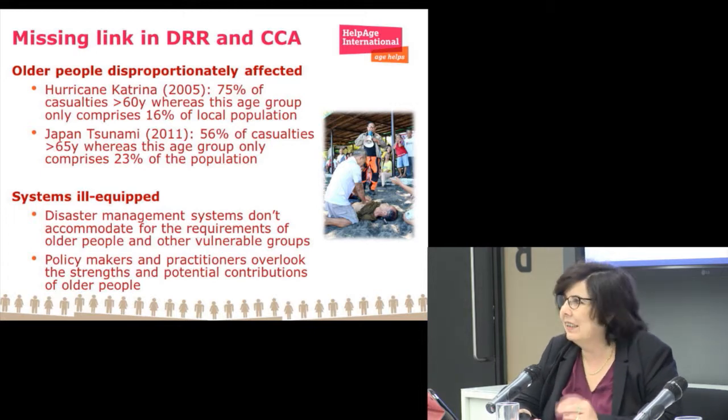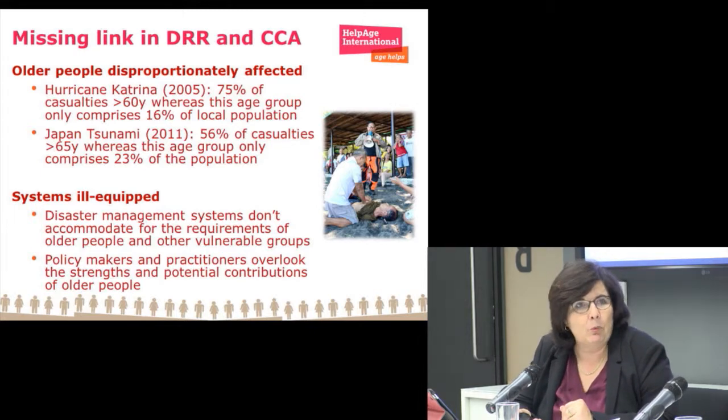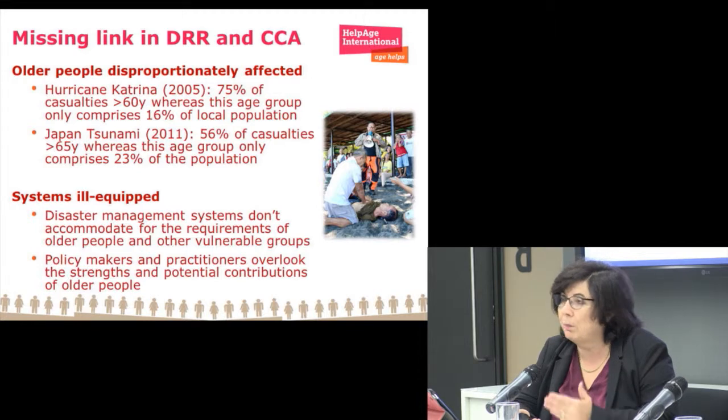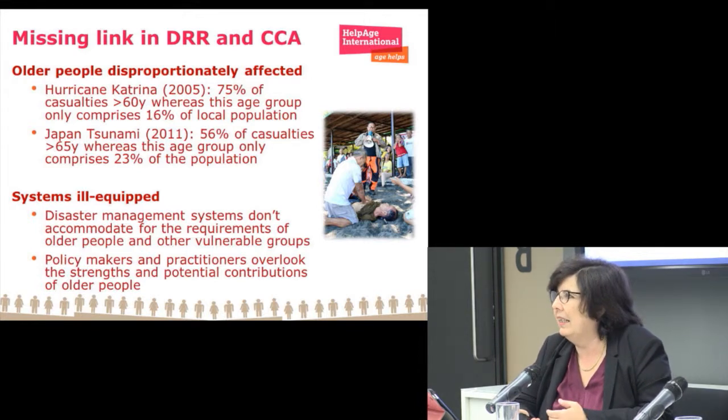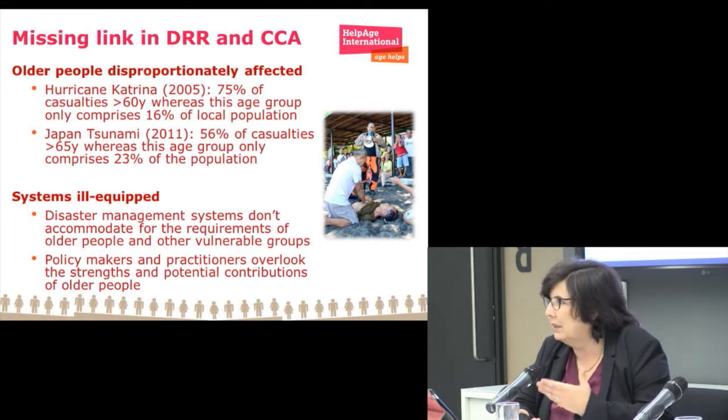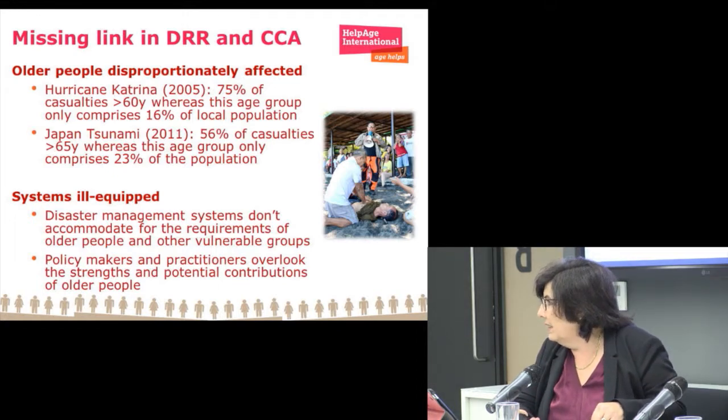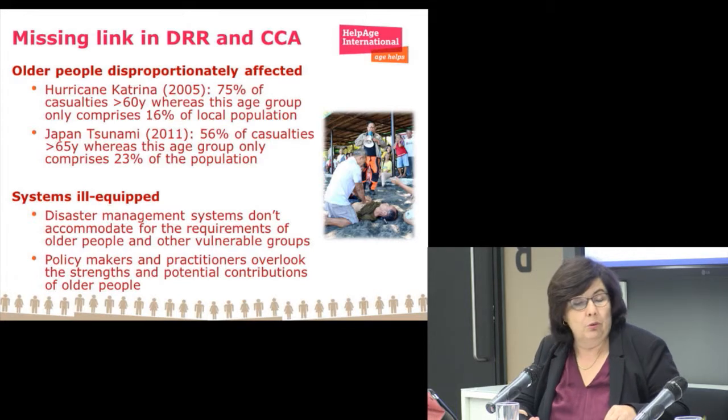In Japan, similarly, 56%, when it should have been 23% of the population. So a disproportionate number of deaths for this group, which means that the systems and the way in which we respond to disaster are neglectful in relation to older people.